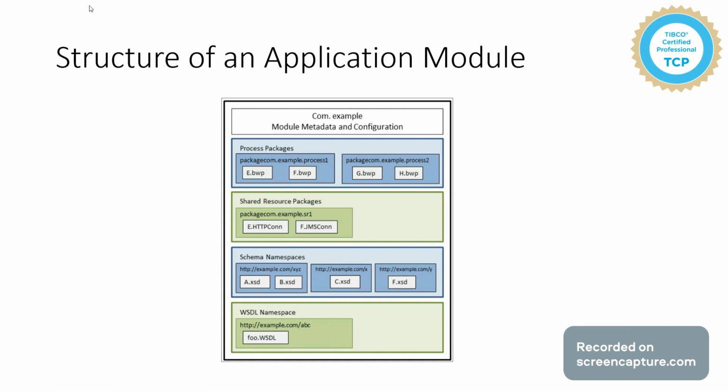It can contain schema namespaces which are used to define the structure of an XML message that an application can handle, and it can also have service descriptors if we want to implement any web services.